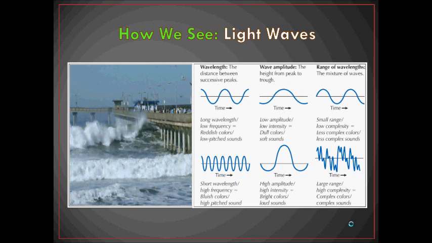And lastly, the range of the wavelength, the mixture of the waves. A small range or low complexity has less complex colors and less complex sounds, and a larger range with higher complexity produces very complex colors and very complex sounds.